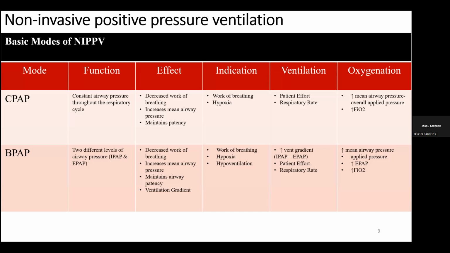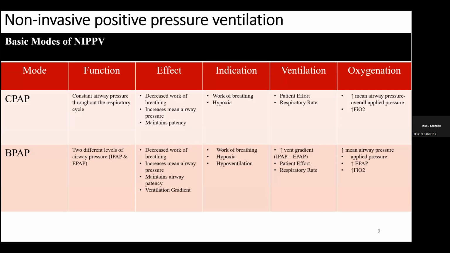So from this type of modality, CPAP is a much better mode of support for offloading work of breathing in the primarily hypoxemic patient. So maybe not the best choice in our patient from the previous question, because that patient does need work of breathing offloaded, does not have a primary oxygenation issue, but does have a primary ventilatory issue.